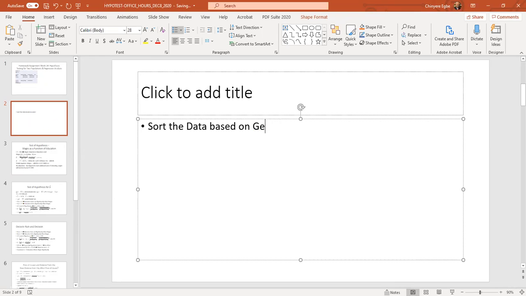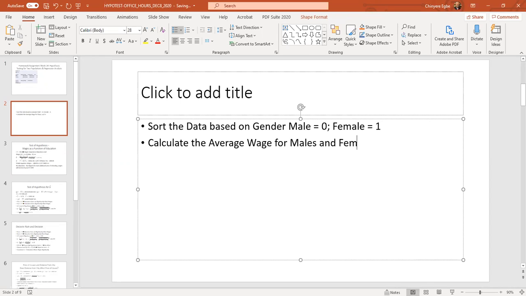Okay. Male equals 0. Female equals 1. Okay. You calculate the average wage for males and females, and then you calculate standard deviation.